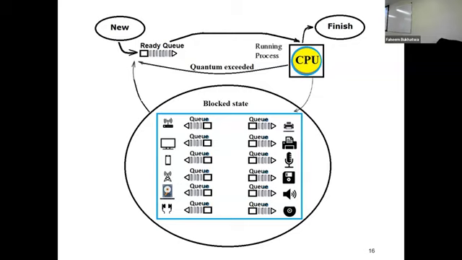Okay? Next thing, what else is done to a process at the new state? Any idea? We create a PCB for it. Anything else? Anybody remembers what we do to a process at the new state?